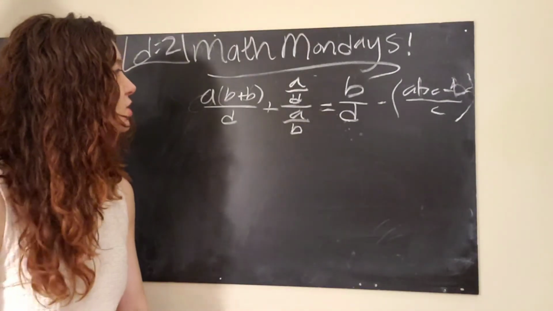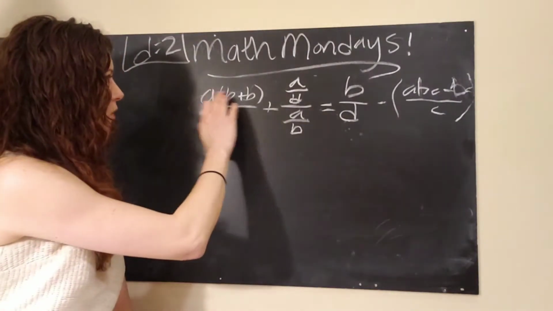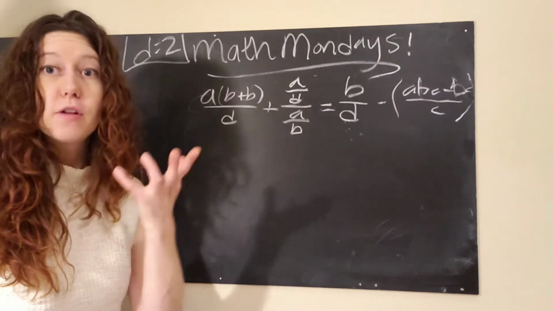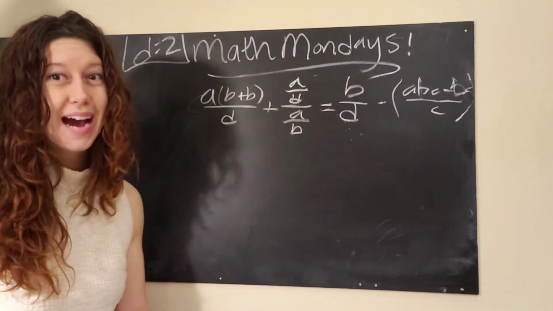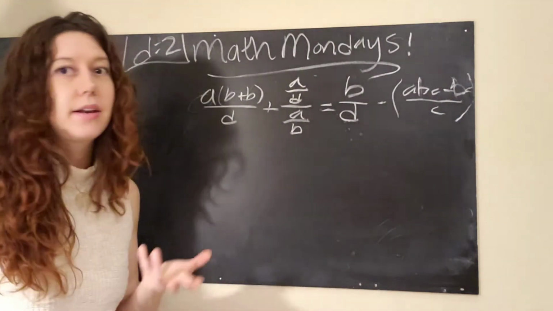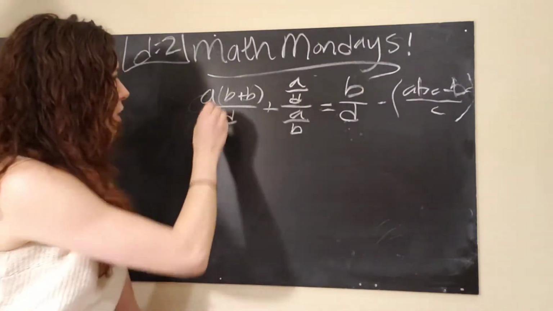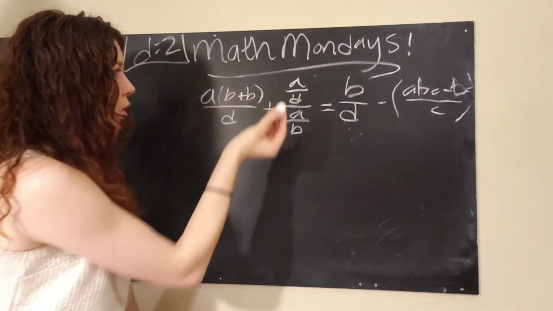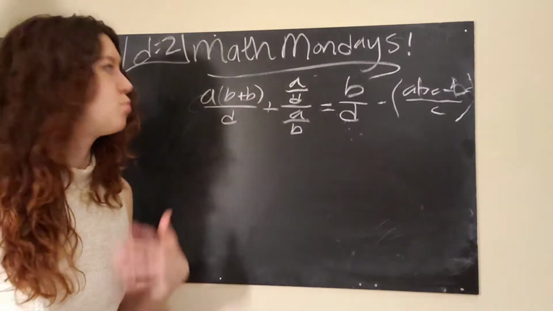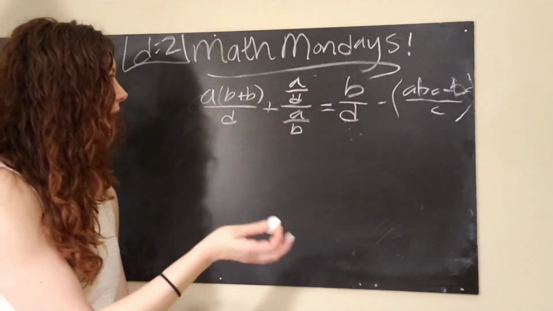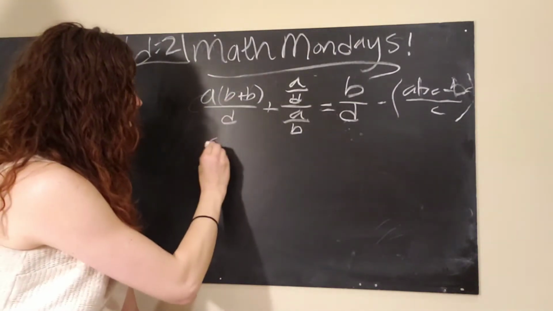All right, so first things first, if you have a variable of the same type, you can combine it. So in this case, I have A times B plus B. B plus B, just like 1 plus 1, we're going to get 2B.